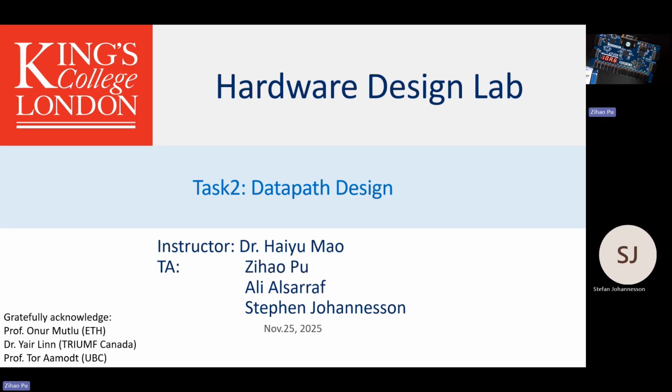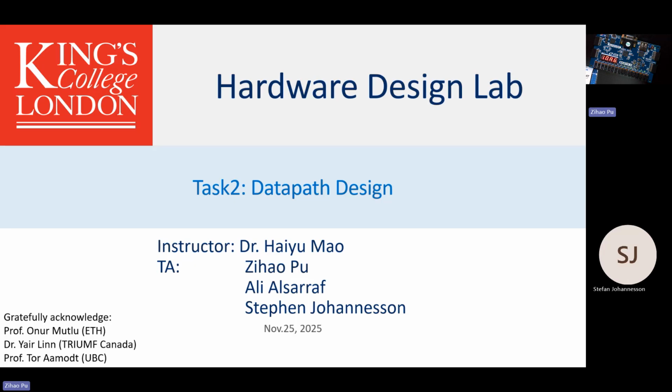Before we get started with task 2 of our coursework, I hope you are doing well with task 1, because we are going to need everything written in task 1 in our task 2.